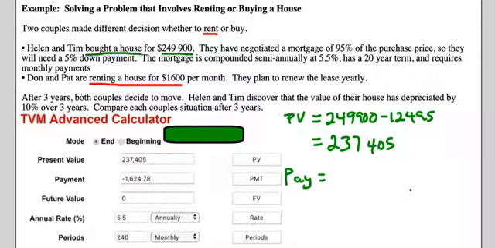The compounding periods is 36 months. And the future value, when you press that future value button, that's the one thing that's going to change. Now our future value is $215,992.52. So that's how much you still owe on the house.